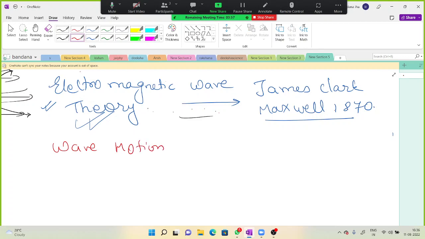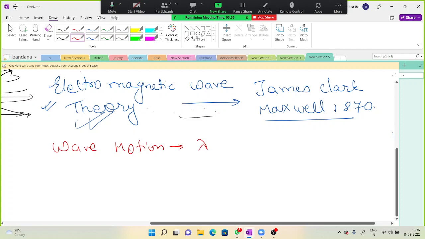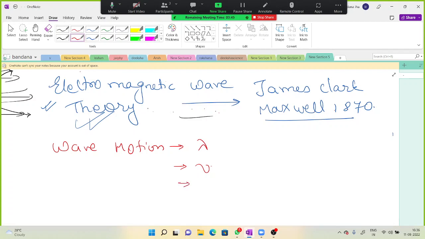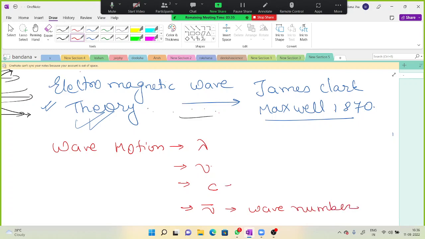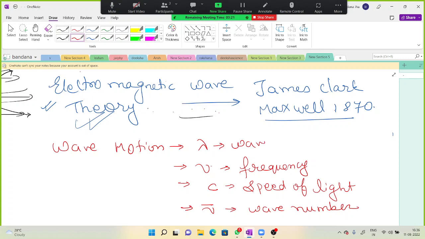In wave motion, we study the characteristics of a wave: wavelength lambda, frequency denoted by mu, velocity denoted by c, and wave number denoted by mu bar. This is your wave number, this is your speed of light, this is your frequency, and this is your wavelength.